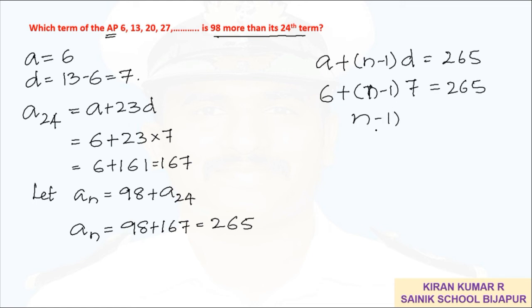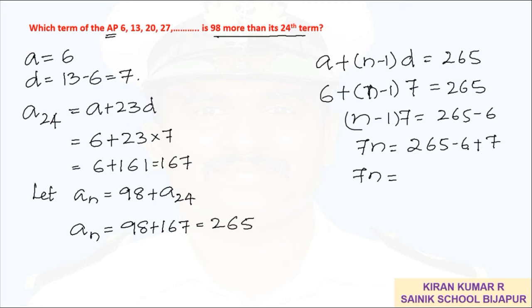So N minus 1 time of 7 is 265 minus 6. So 7N will be equal to 265 minus 6 plus 7. We get 7N as, here it becomes 266.